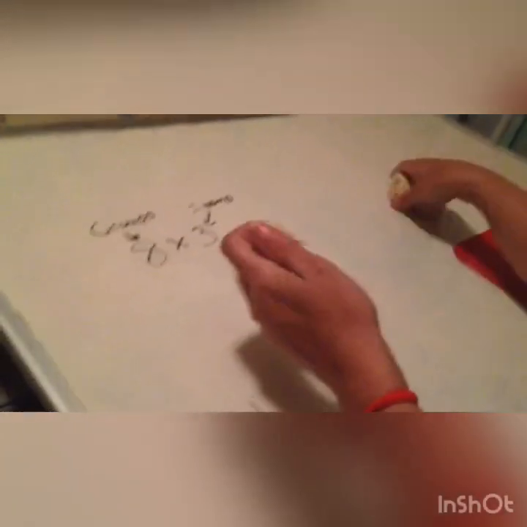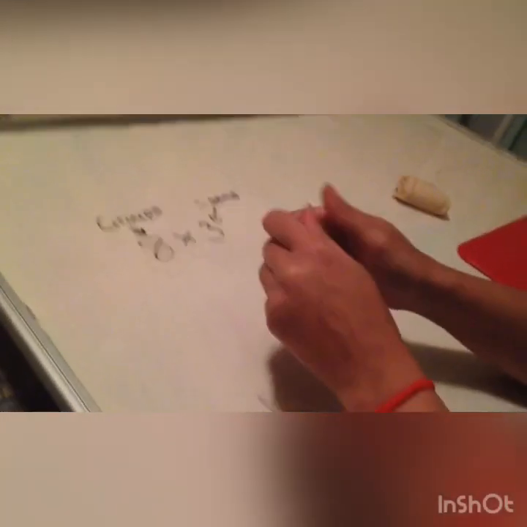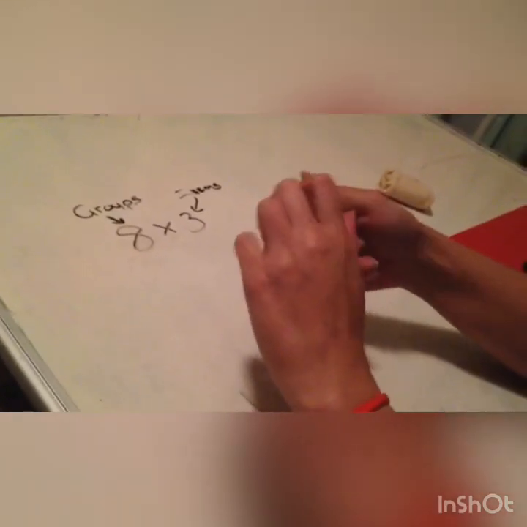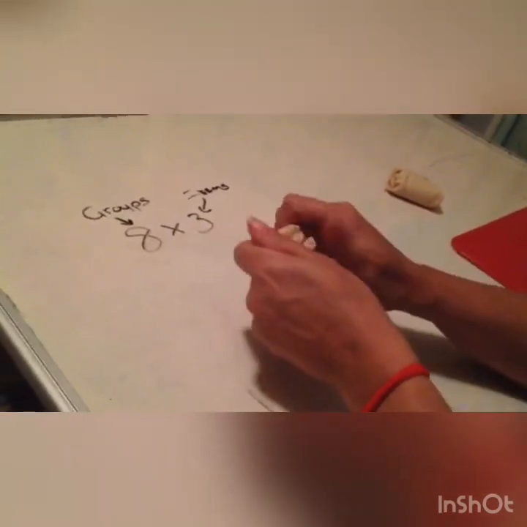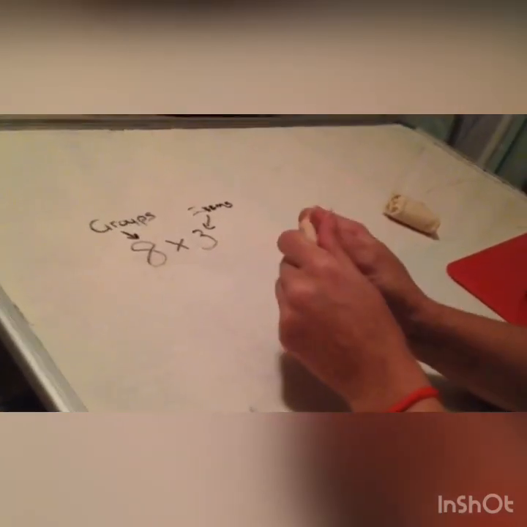I'm going to make use of a very light colored Play-Doh because we're going to make small cookies out of them to do the sum and to figure out how many 8 times 3 is.